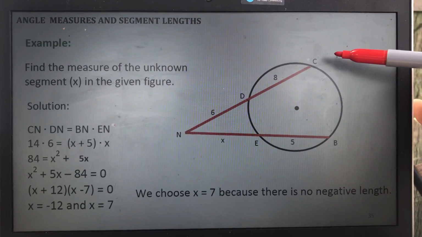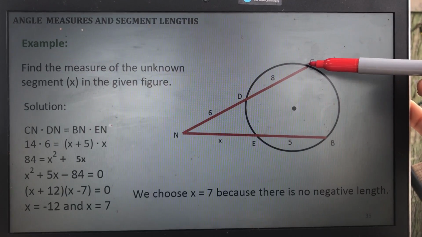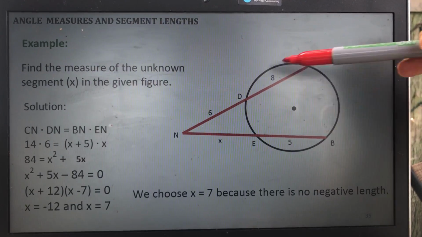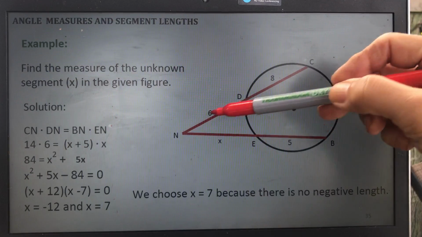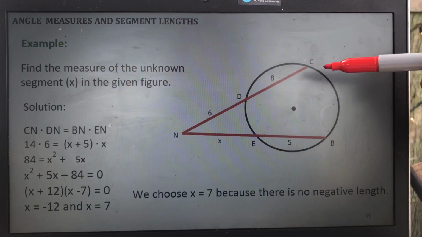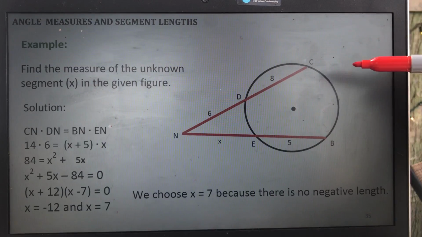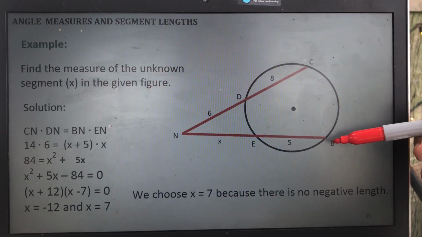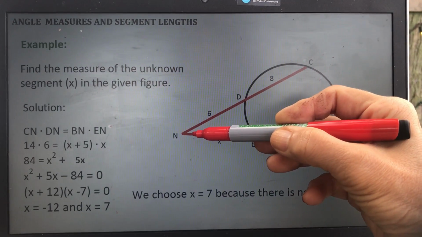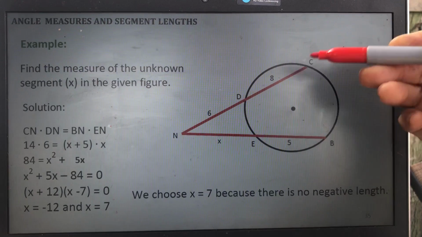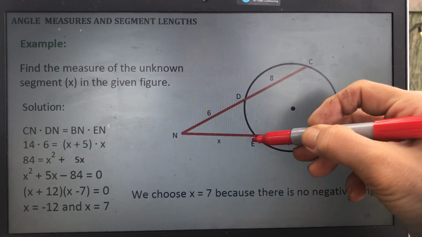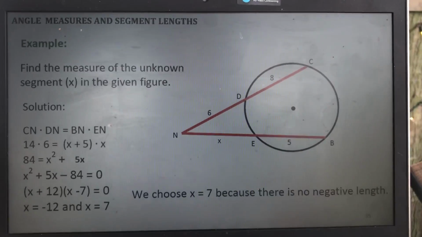It says that the distance from C to N times the distance from D to N, which is the exterior segment, is going to be equal to the distance from B to N, which is the second secant segment, times the distance from E to N, which represents the external segment.